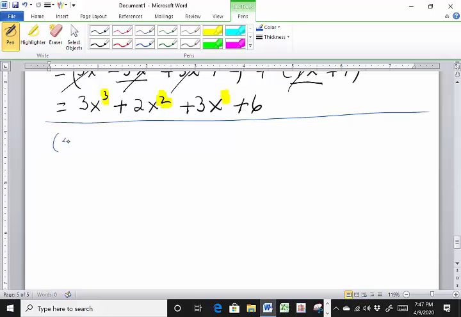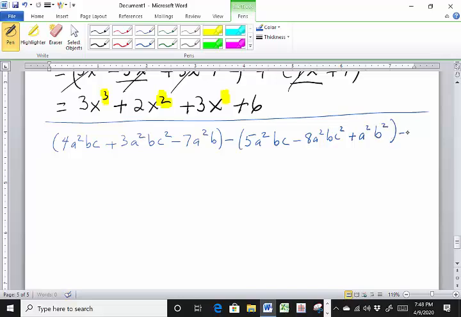So let's say we have 4a squared bc plus 3a squared bc squared minus 7a squared b, subtract 5a squared bc minus 8a squared bc squared plus a squared b squared, and let's go plus 15a squared b squared.